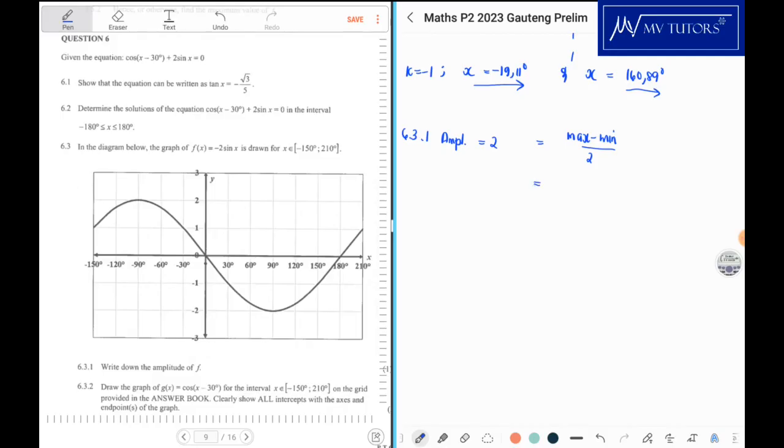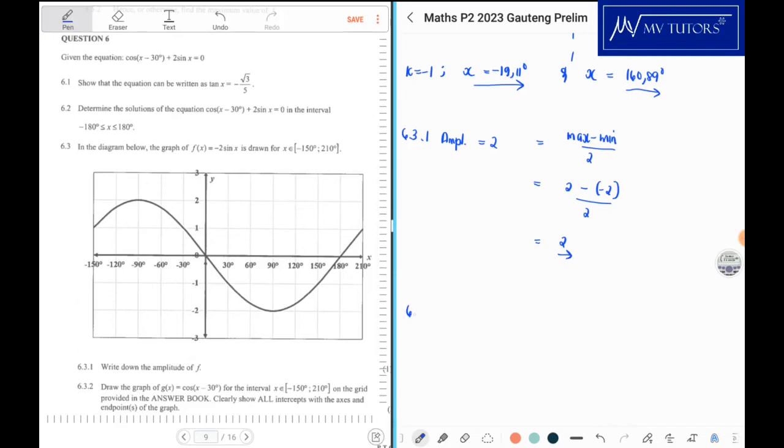So what is our maximum? Our maximum is 2. Our minimum is negative 2. So now 2 plus 2 is 4, divided by 2 is 2. And I would suggest to use this equation, especially if the graph has been shifted up or down and you can't necessarily see that the amplitude is a certain value.